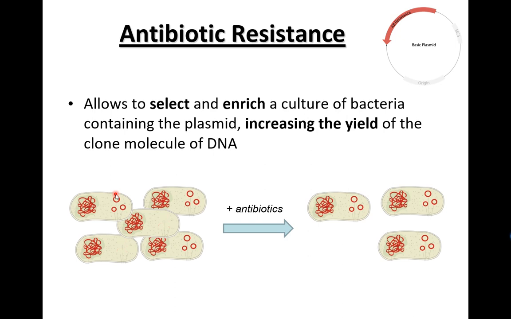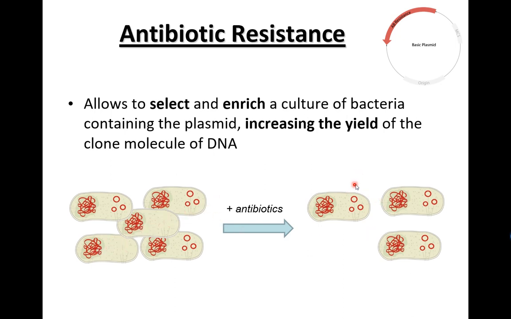So once you put them in growth media, these are the cells that replicate, that make more and more plasmids. You don't want to have the ones that don't have it, like this one. How do you do it? It's by adding exactly the antibiotic that this gene gives resistance to. So if this is an ampicillin resistance gene and you add ampicillin to the growth media, now those bacteria that don't have the plasmid would die.